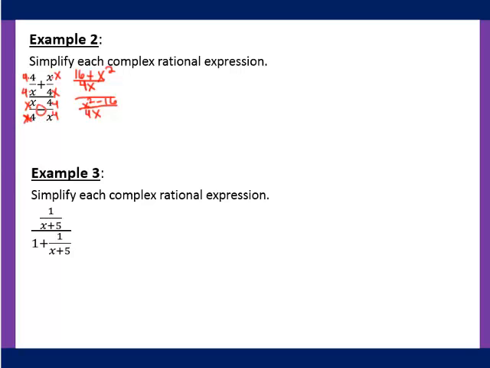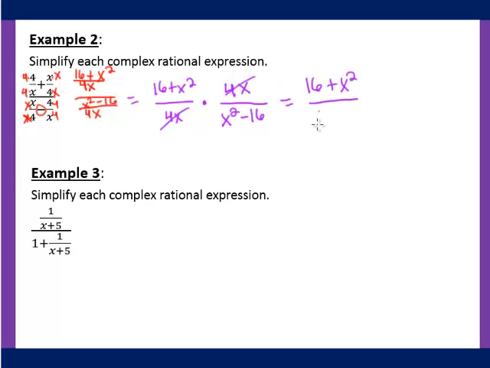So now we're ready to divide, because this is 16 plus x squared over 4x divided by the fraction on the bottom. Or, instead of writing it as a division problem, just multiply by the reciprocal of the fraction on the bottom, 4x over x squared minus 16. So the 4x and the 4x cancel out, giving us 16 plus x squared over x squared minus 16.